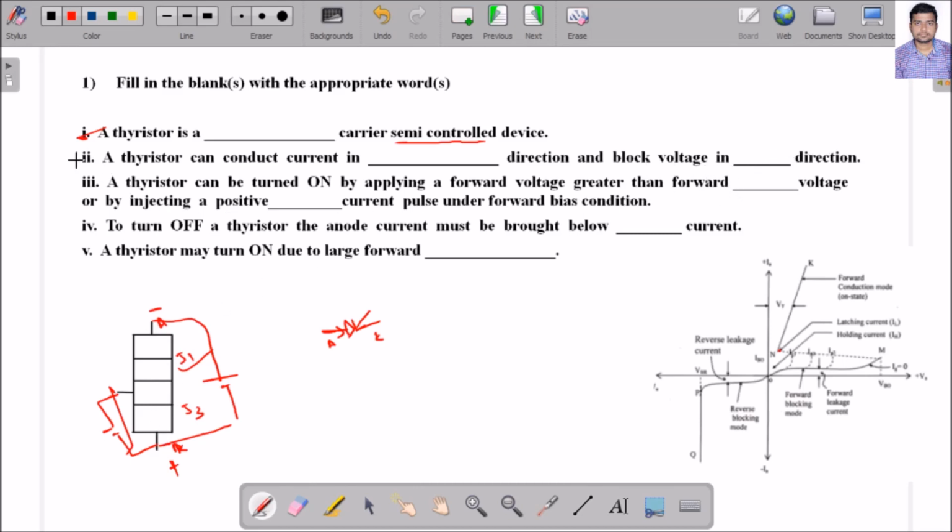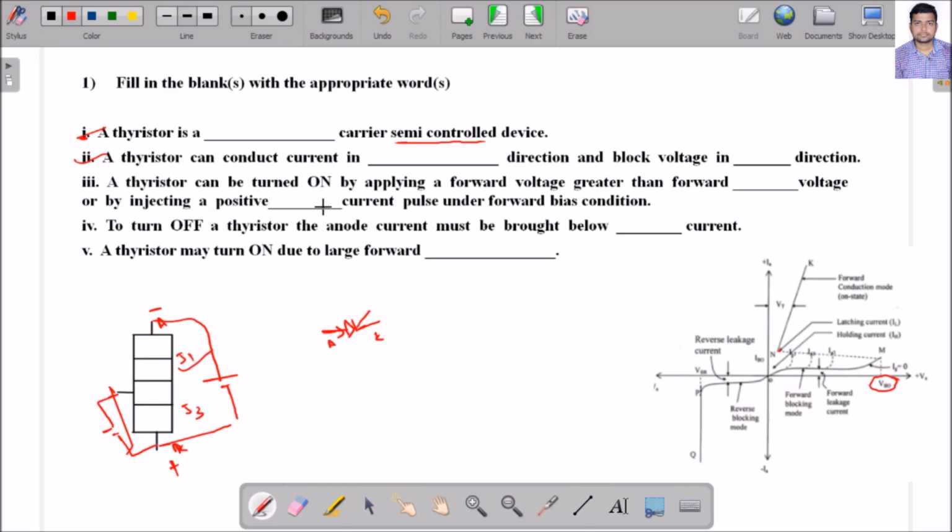Okay, next question. A thyristor can be turned on by applying a voltage greater than forward breakover voltage. The voltage must exceed forward breakover voltage, then only it will conduct. Or by injecting a positive gate current, because if I am not giving voltage up to VBO, then I require gate current.